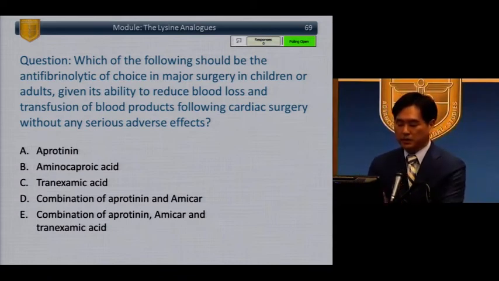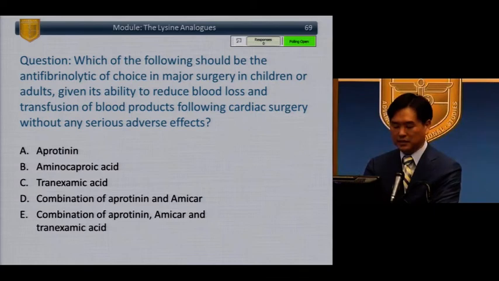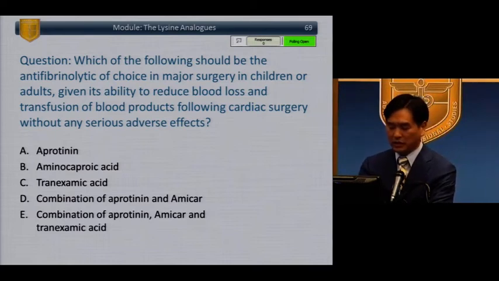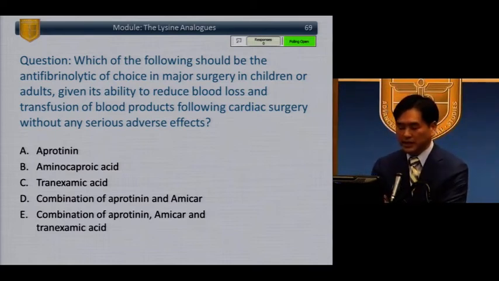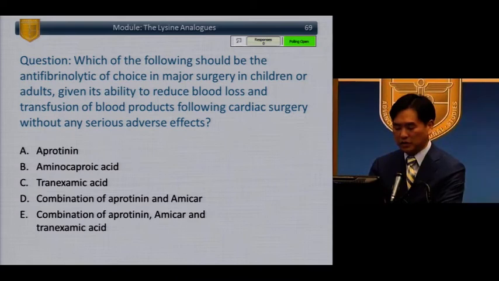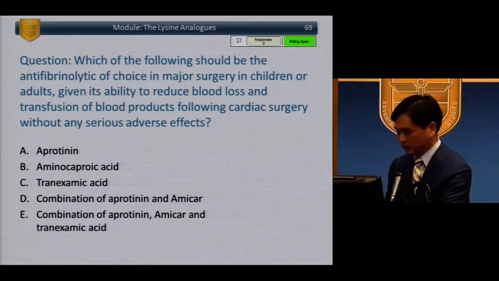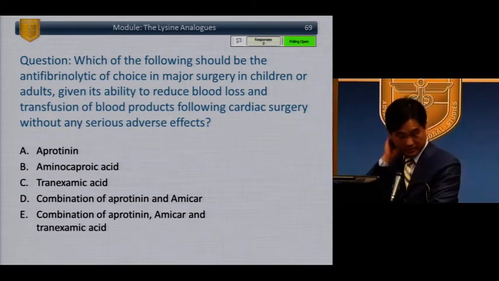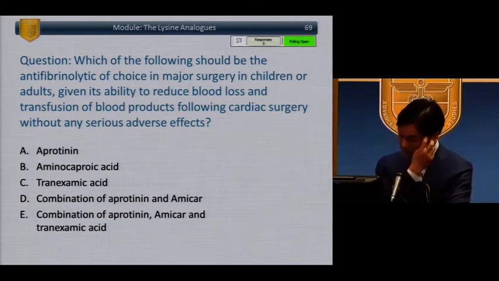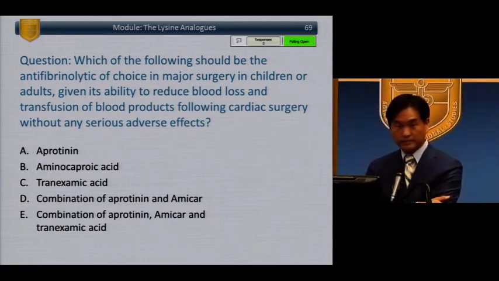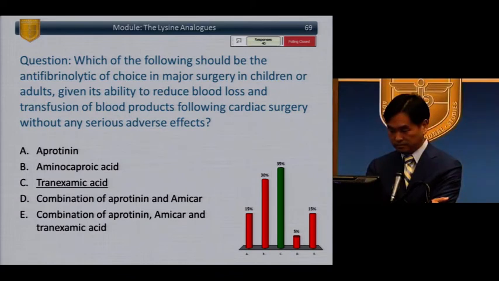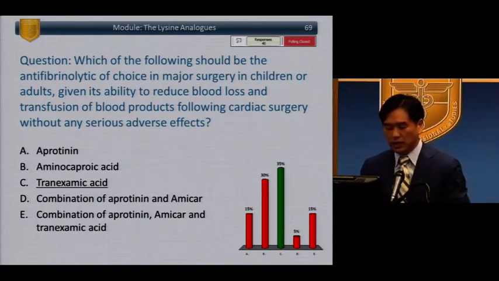A, aprotinin, B, aminocaproic acid, C, tranexamic acid, D, combination of aprotinin and Amicar. Amicar is aminocaproic acid. E, combination of aprotinin, Amicar, and tranexamic acid. Polling is open in 5 seconds. What a spread.